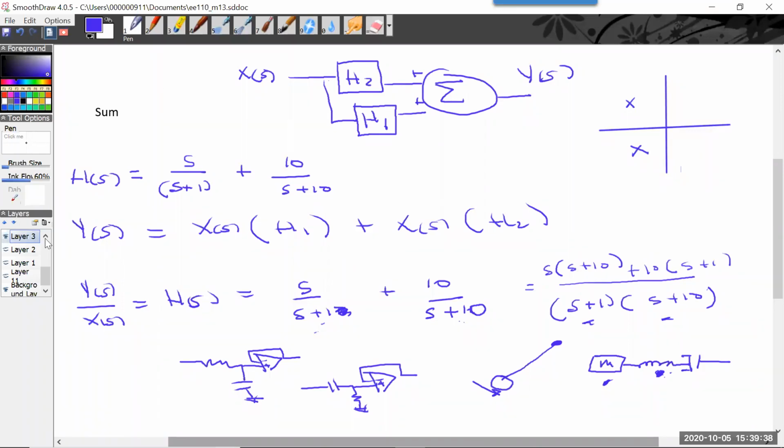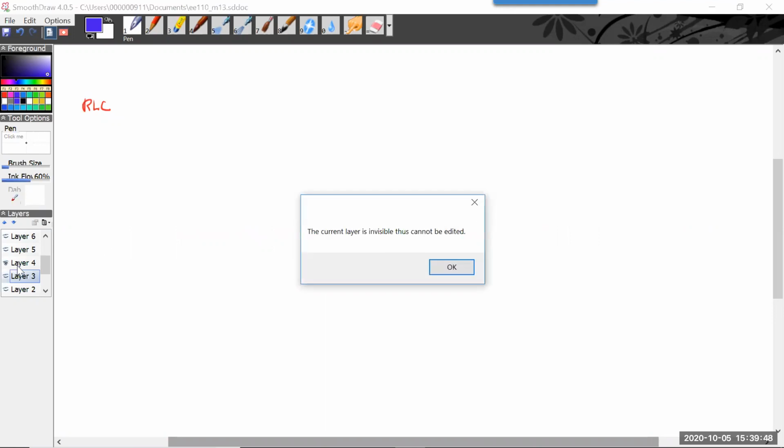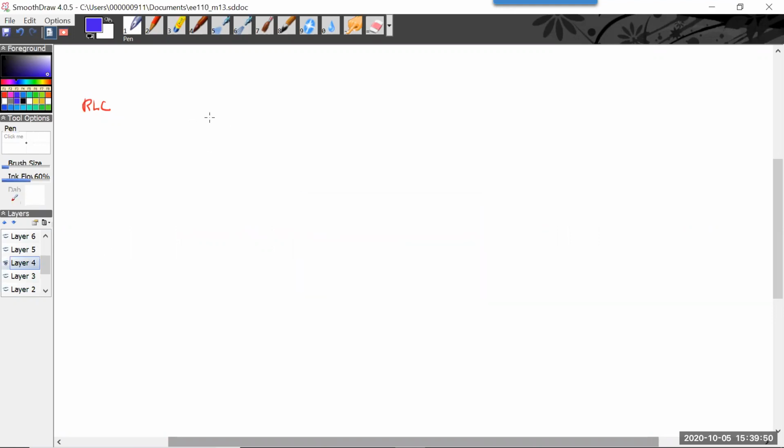Now, it might not seem so at first, but the RLC circuit is a summing technique of the series.